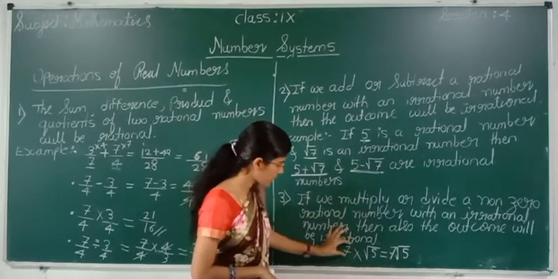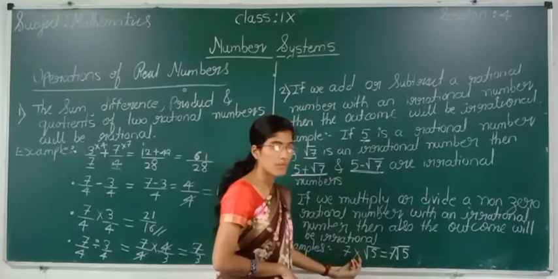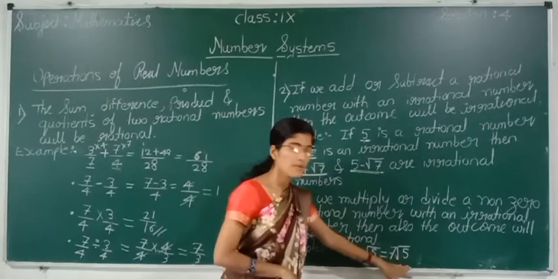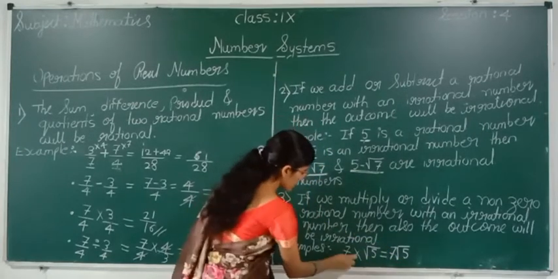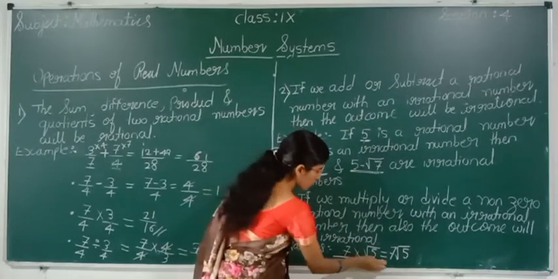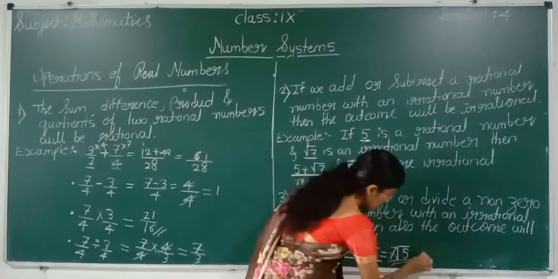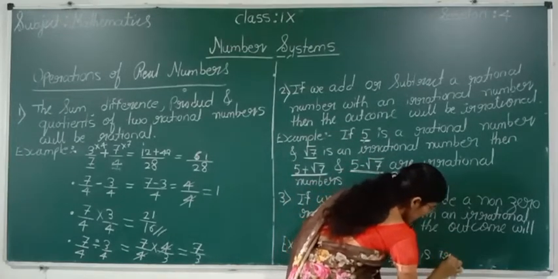If you take one rational number and one irrational number and do multiplication or division, definitely the answer will be an irrational number only. See here, 7 is a rational number, root 5 is an irrational number. What can we tell about this 7 root 5? 7 root 5 is nothing but an irrational number.